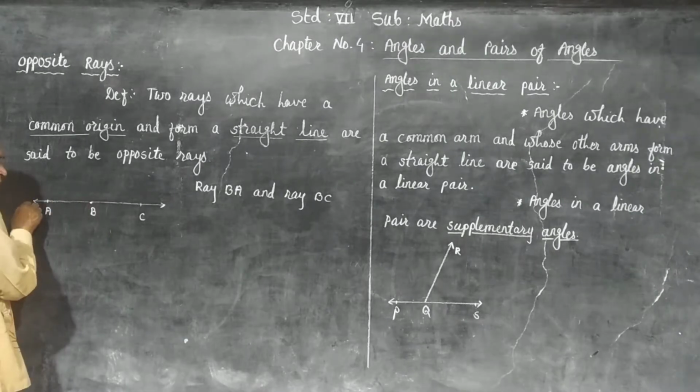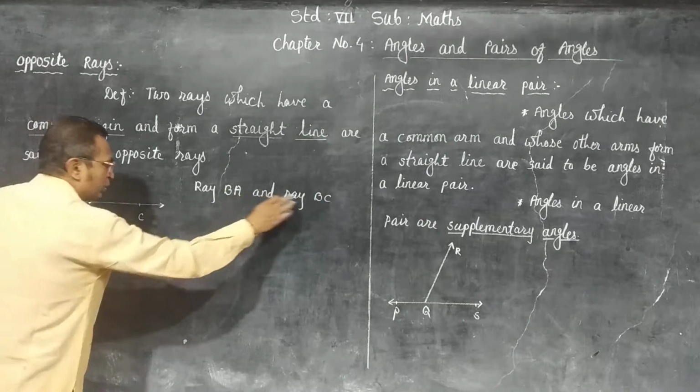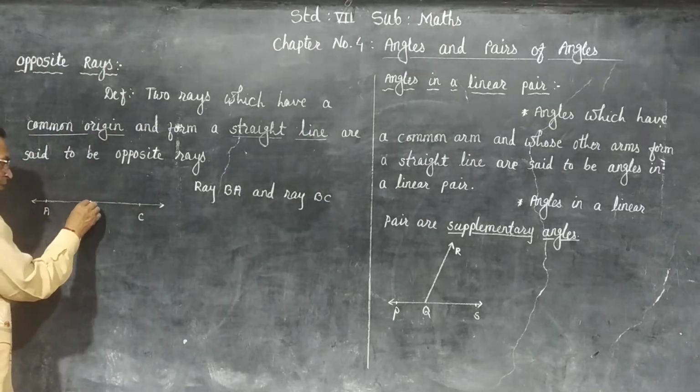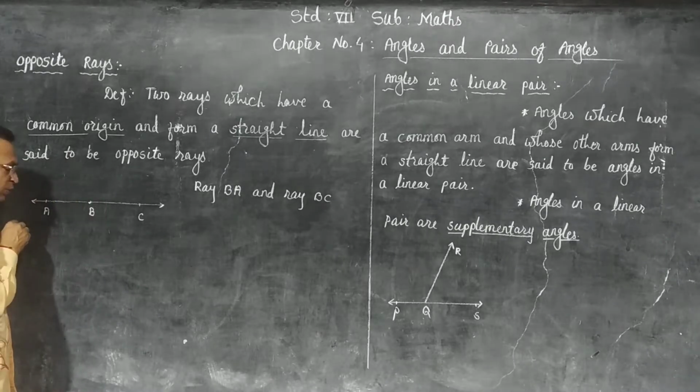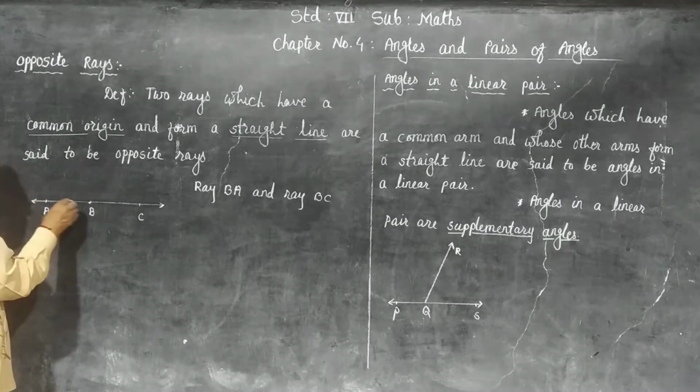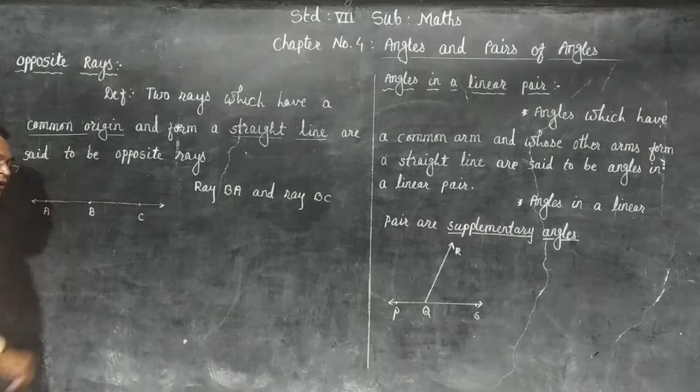Ray BA and ray BC both have common origin B. Ray BC starts from the point B. B is the origin, and ray BA also starts from the point B. It means this is the common origin.